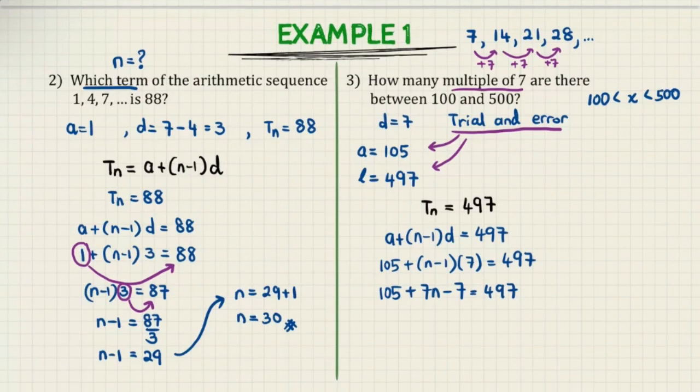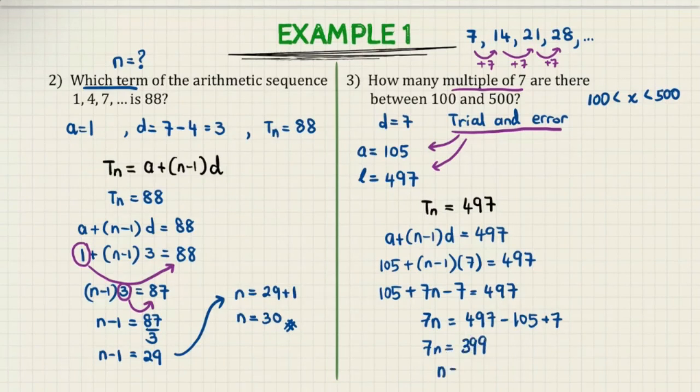Alright. Okay, apa tadi kita nampak? Oh, kita nak cari N ni belum habis lagi. So I get 7N equals to 497 minus 105 plus dengan 7. Berapa lah ya? 497 tambah 7 tolak 105. So kita ada 399.